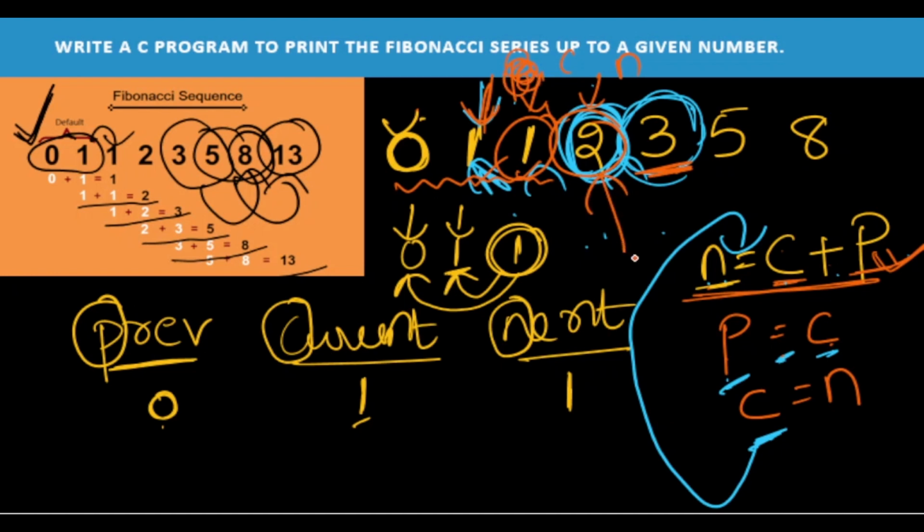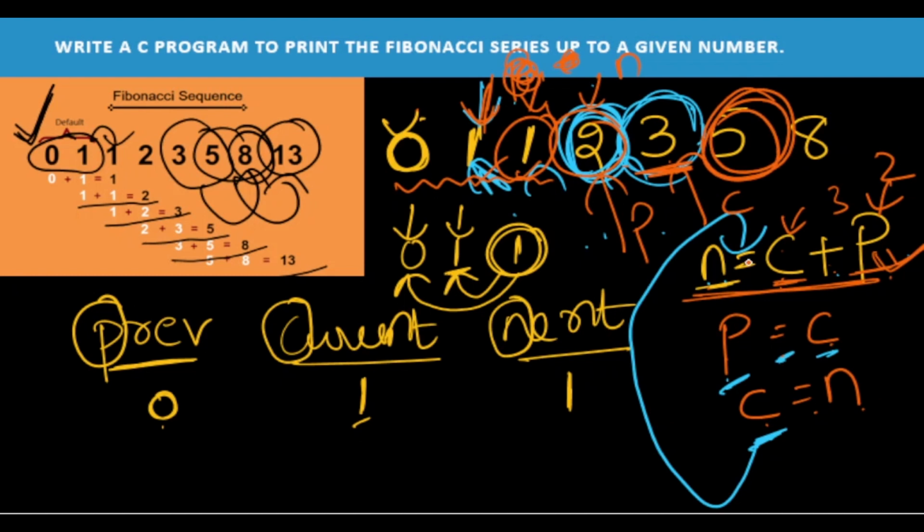I will get P here. Now C is equal to N means I will erase C. The C will get here. Now what is N? C plus P. What is in next? Next is equal to current plus P. What is in current? Current is 3, right? 3. What is in previous? 2. 2 plus 3, I got 5. Similarly, again I will get 8. This is the thing. I will explain.